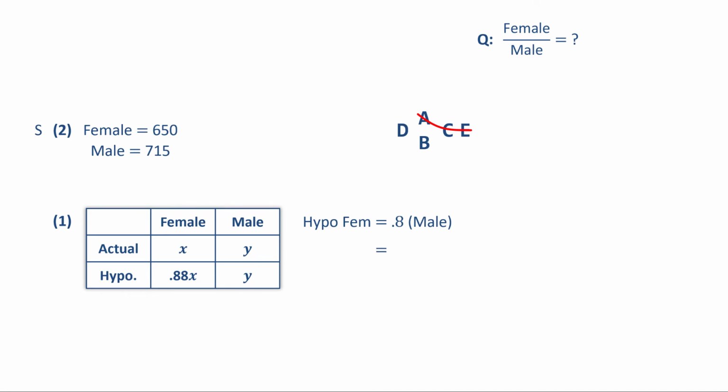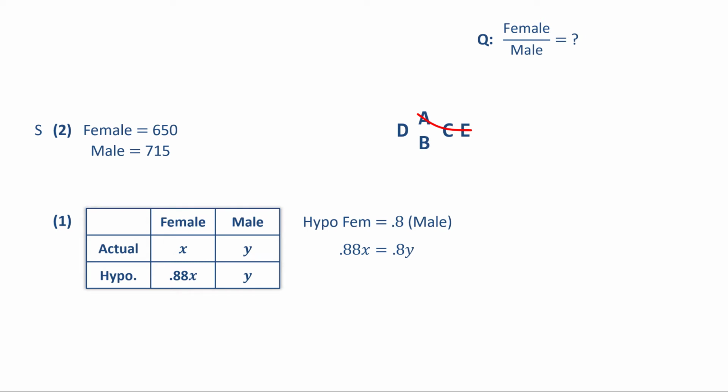From our table, we know that hypo-fem is 0.88x, and since male is y, the right side of our equation is 0.8 times y. To help us figure out whether this information is sufficient, let's rewrite the question in terms of x and y.